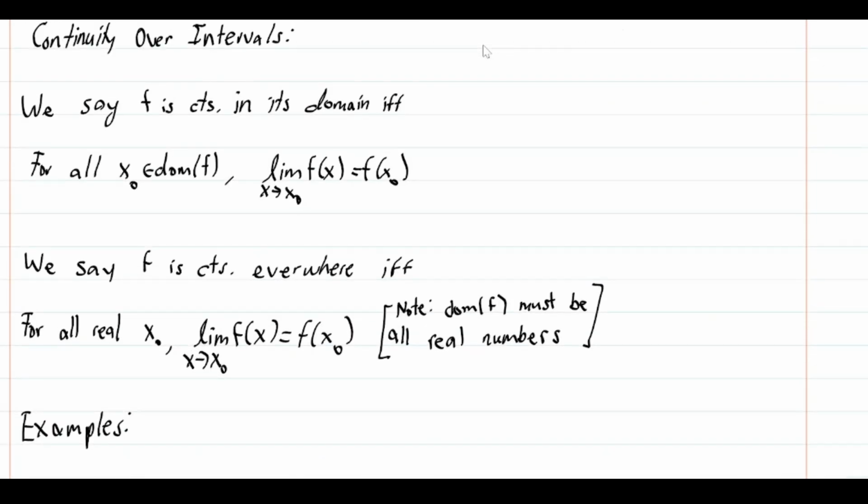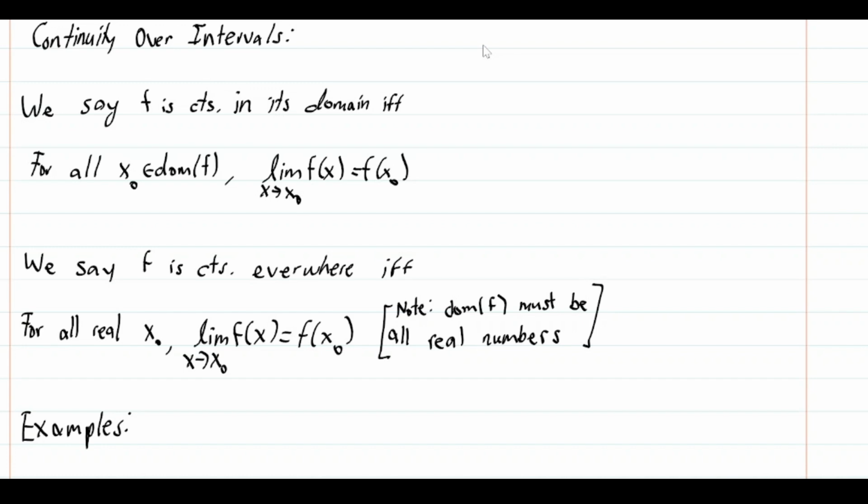In fact, we can say that the sine function and cosine are continuous everywhere, and we'll define what that means in just a second, because we proved that the limit is just plugging it in for all values.